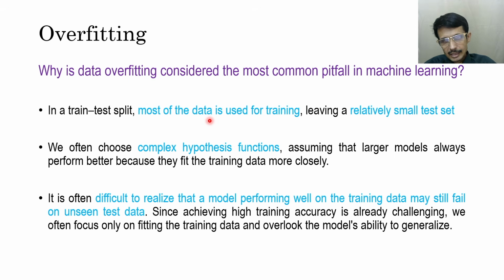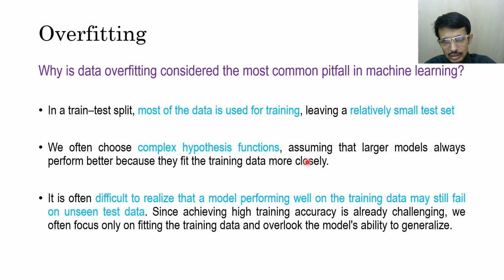Another human tendency is that we always like to choose a complex hypothesis. So we are a bit inclined toward high model complexity. Why? We assume that larger models always perform better because they fit the training data more closely.